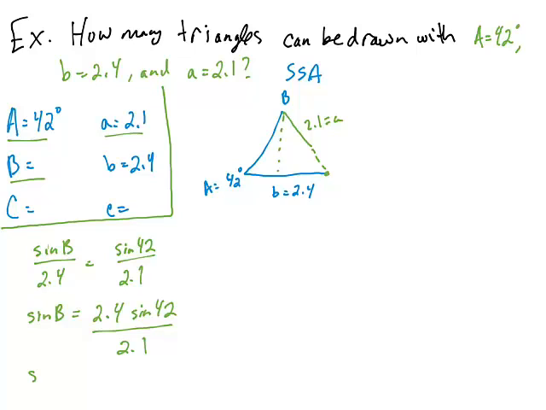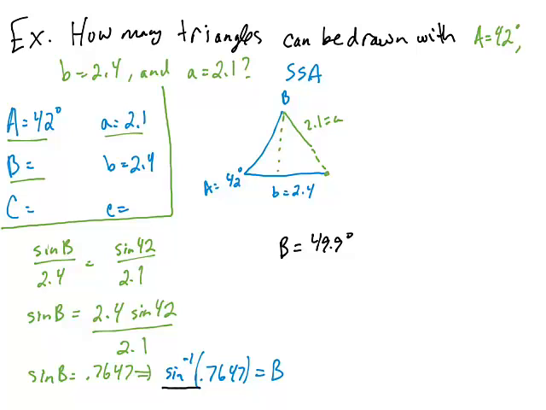Calculating the right-hand side, we get sine of B is equal to 0.7647. So we need to use the inverse function here. Sine inverse of 0.7647 is equal to angle B. And typing that in, we get an angle B that is equal to, let's call it, 49.9 degrees.